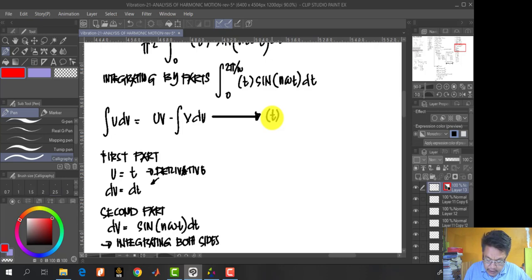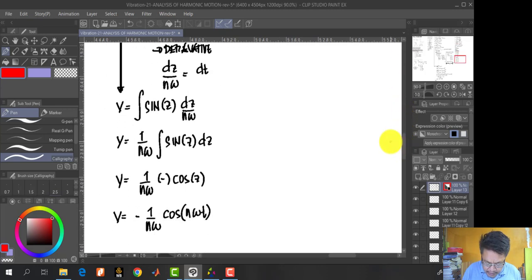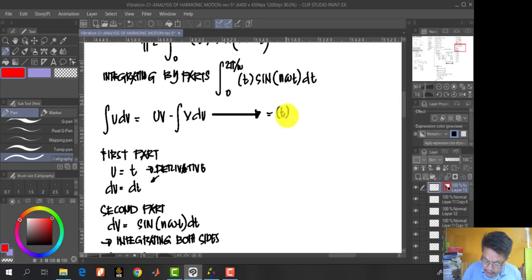So let me do an equal on this one. That will be t, then multiplied by the value of v. Earlier, the value of v was this, so I'm going to close the bracket. That will be negative 1 over your n, angular velocity, multiplied by cosine of n, angular velocity times time.